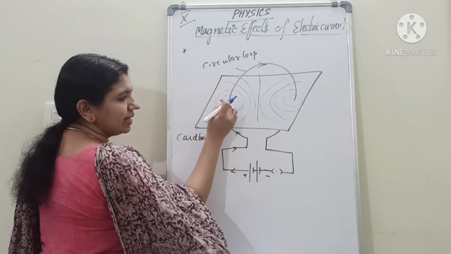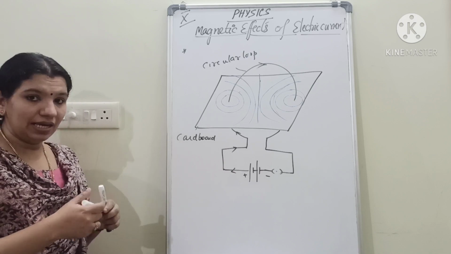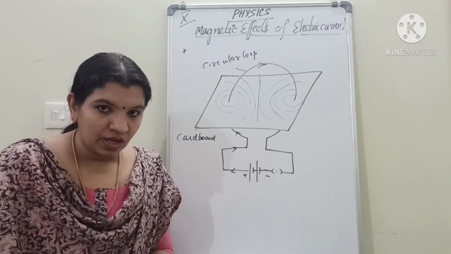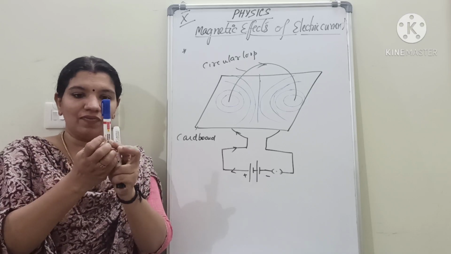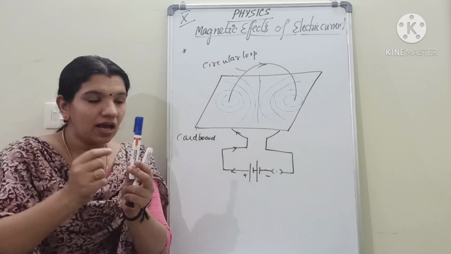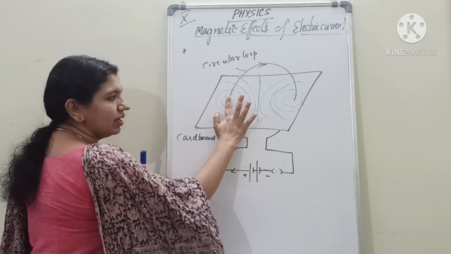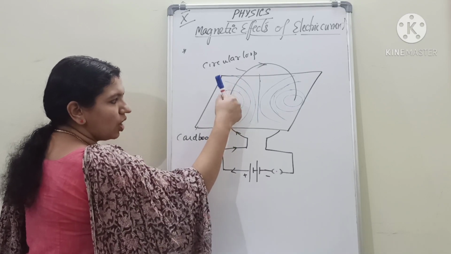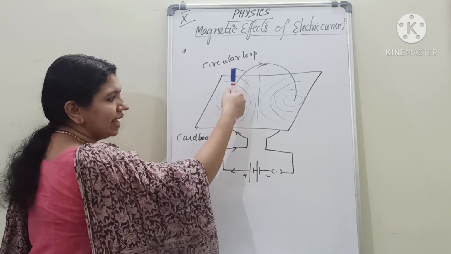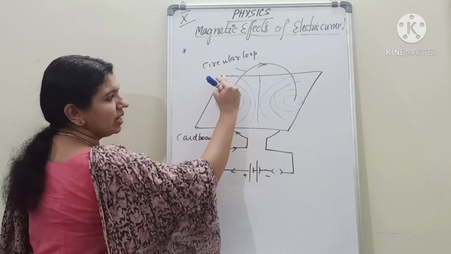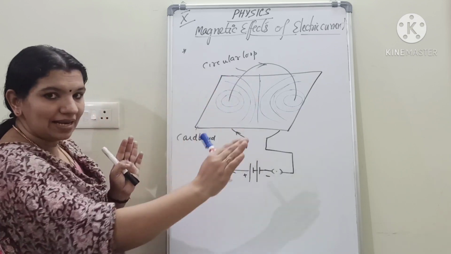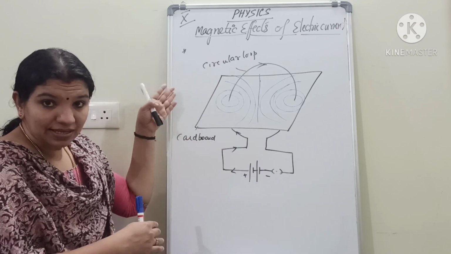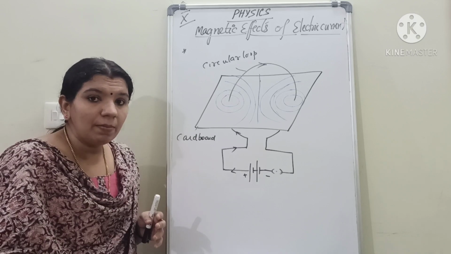At each point, it is similar to that of a straight wire. As I told, if you consider a straight wire, there will be concentric circles, right? For this point, the direction of current is in this direction, isn't it? So here a concentric circle is formed, then again a concentric circle is formed. This will continue to move towards the center as well as outside. As the distance increases, the field will become weaker.